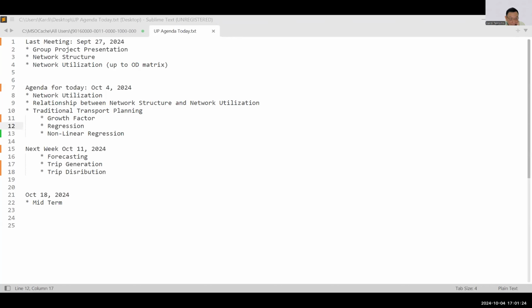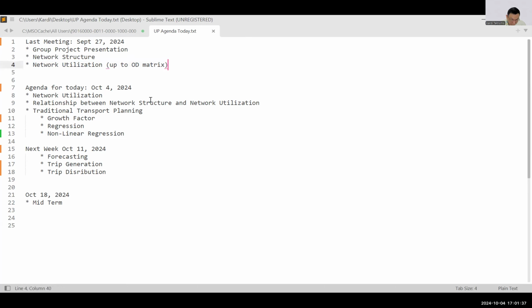Agenda for today, we will discuss the following. This is what we discussed last meeting: group presentation, network structure, and network utilization up to the OD matrix.